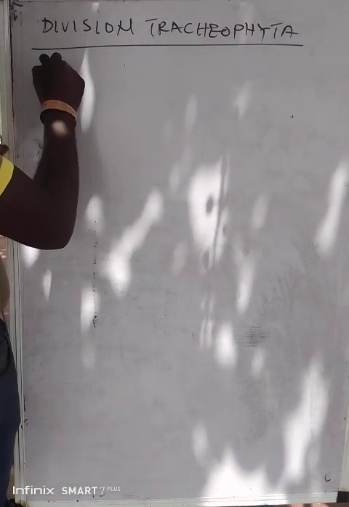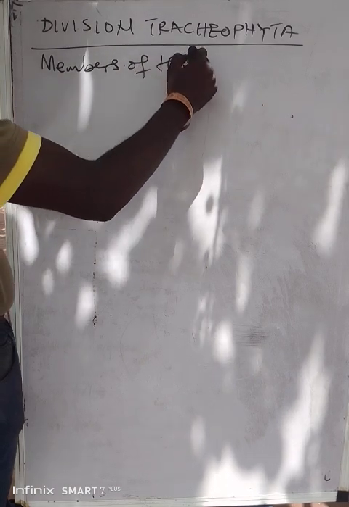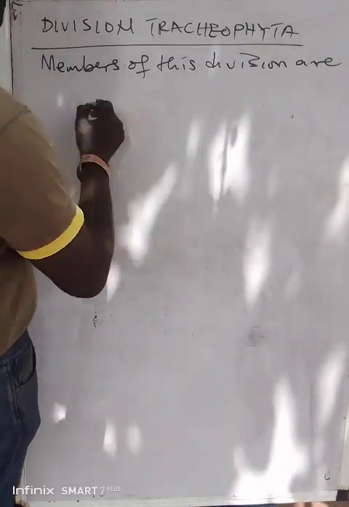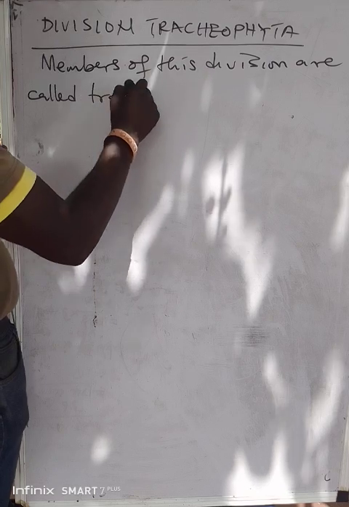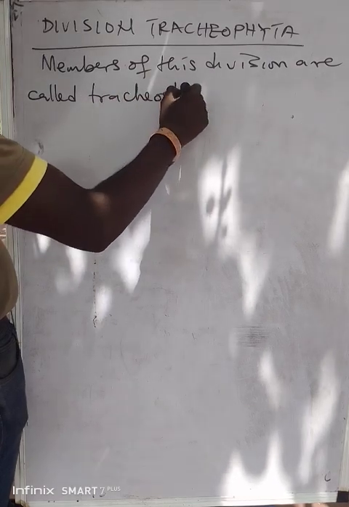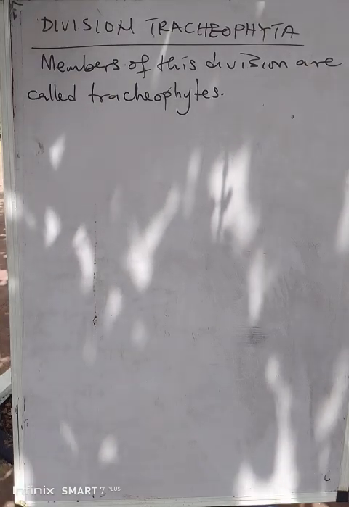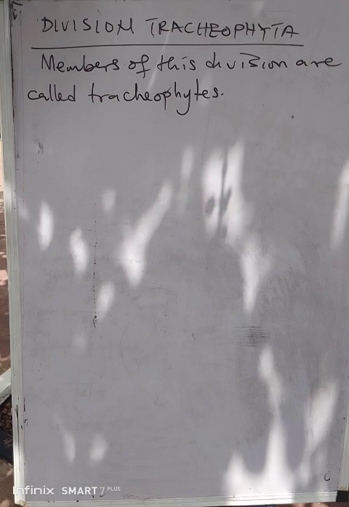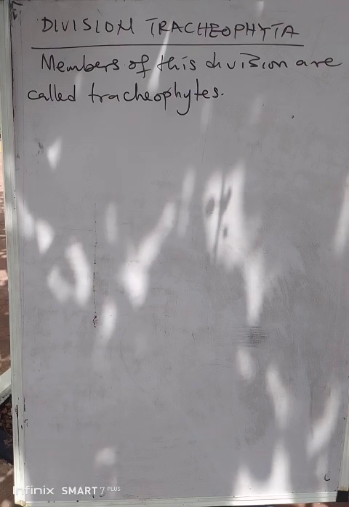So members of this division are called tracheophytes. The word tracheophyte comes from the word tracheids. And tracheids are a component of xylem tissue, which is a conducting tissue.